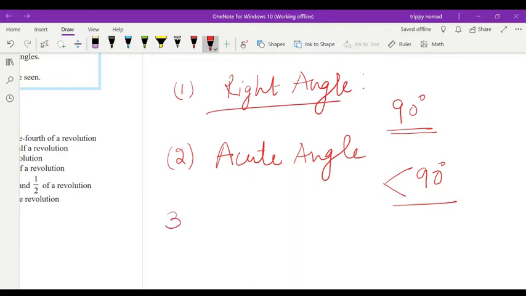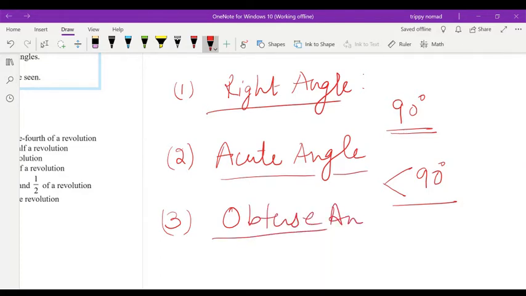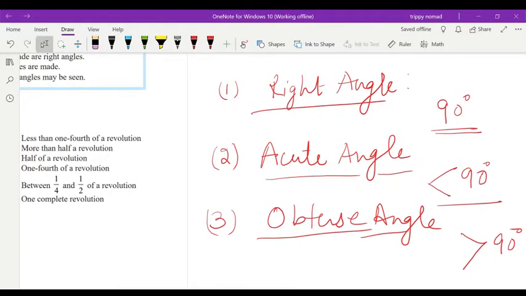And third is the obtuse angle. An angle whose measure is more than 90 degrees is called an obtuse angle. Children, I hope you understood that. Acute angle is less than 90 degrees, and obtuse is more than 90 degrees.